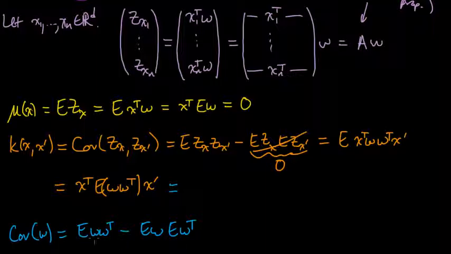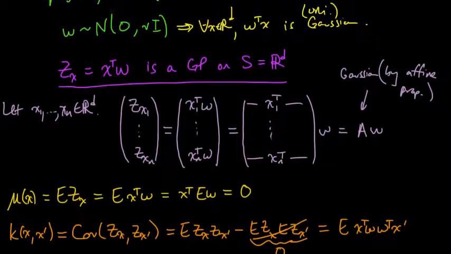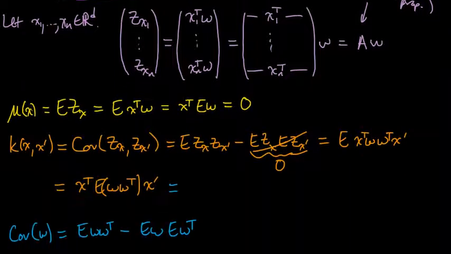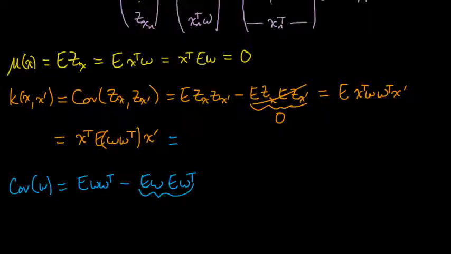This is a super handy formula for proving things about the covariance. Note that since W is a column vector, each of these is a matrix. And the mean of W is 0, so this term is 0. And so this here is just the covariance of W.